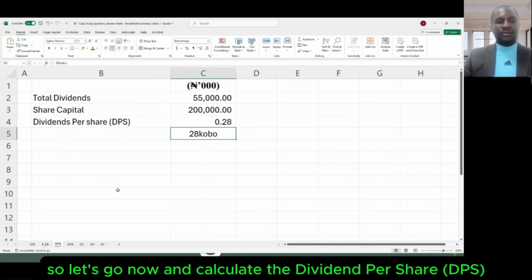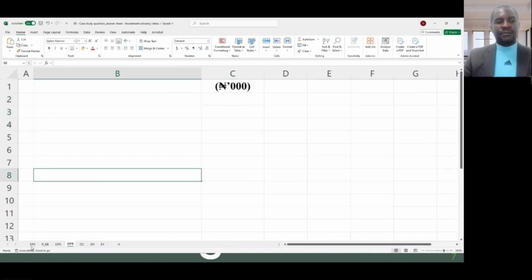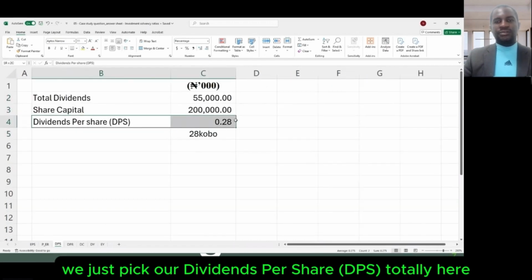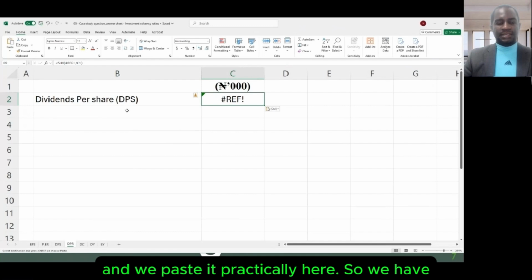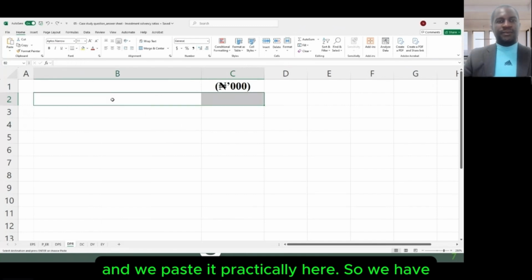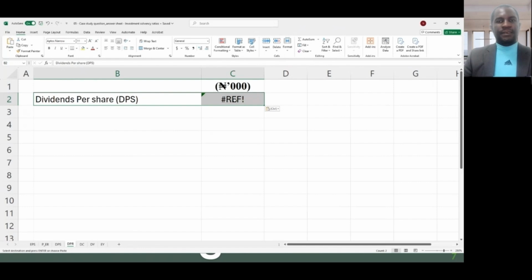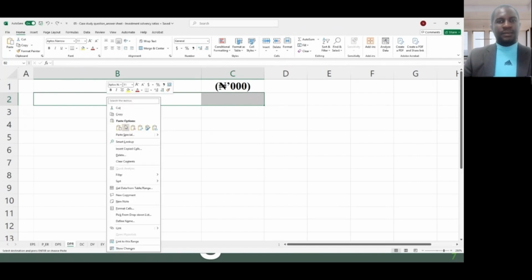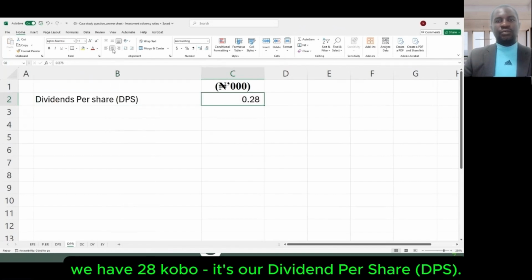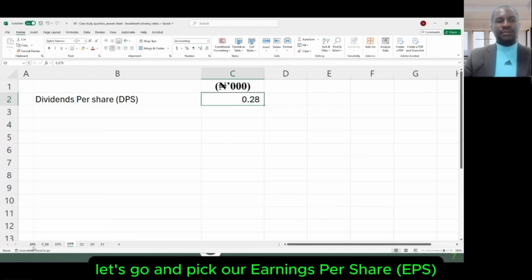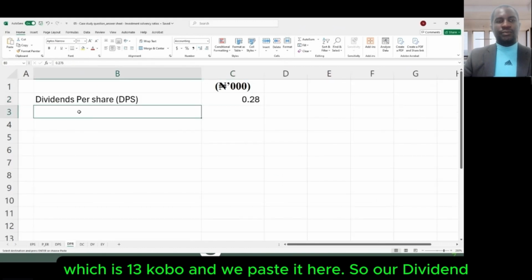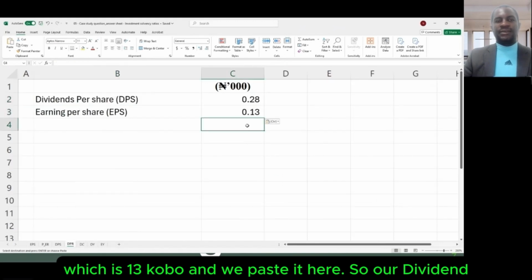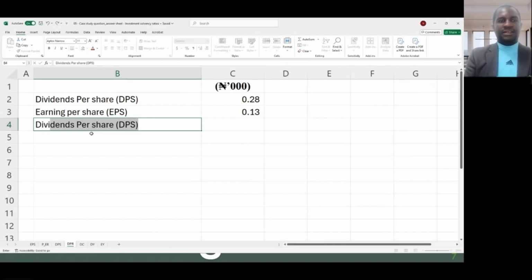So let's now go and calculate the payout ratio. We pick our dividends per share and paste it here, so we have 28 kobo as our dividend per share. Let's go and pick our earnings per share, which is 13 kobo, and paste it here.